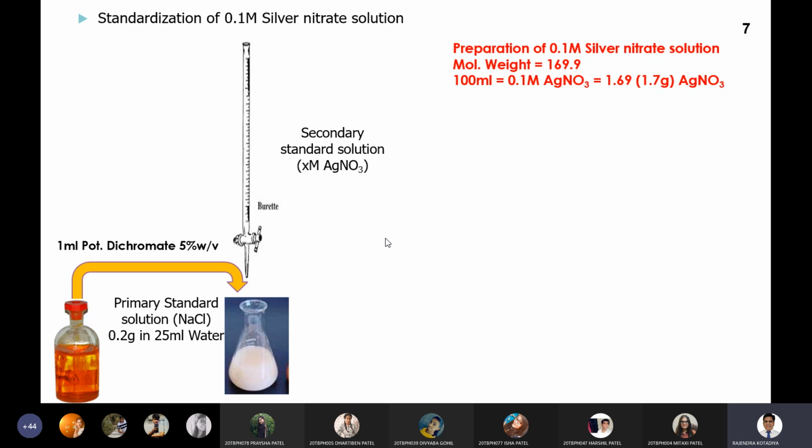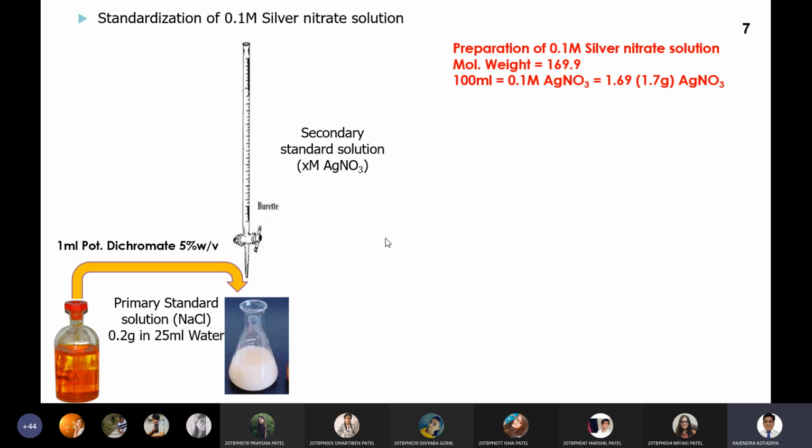So we prepare that solution, take it in a burette, and then start titrating it with the content present in our conical flask. What will happen when you add AgNO3 into the conical flask containing NaCl and K2Cr2O7?